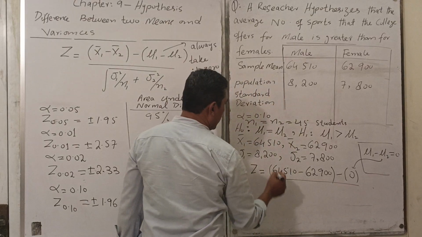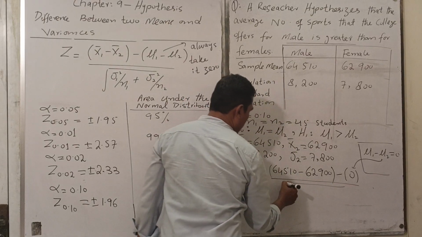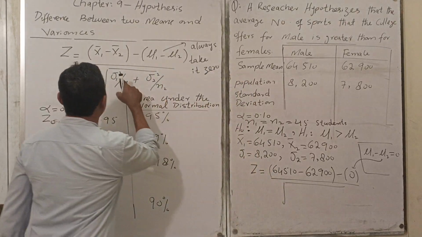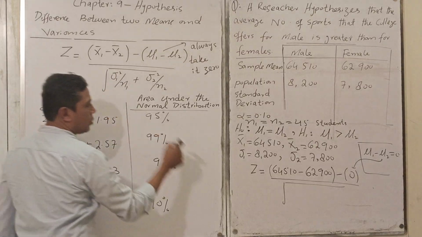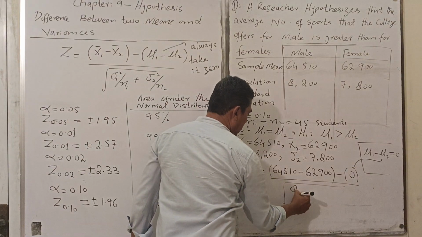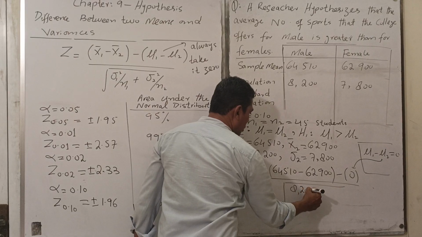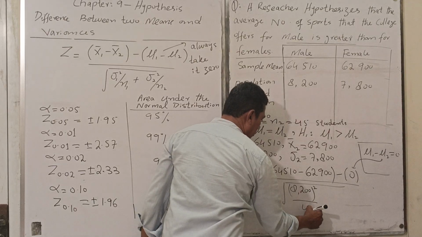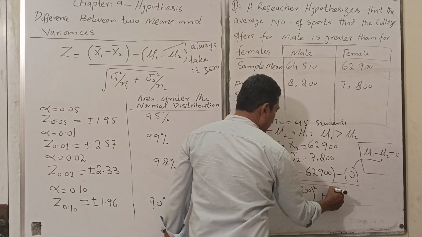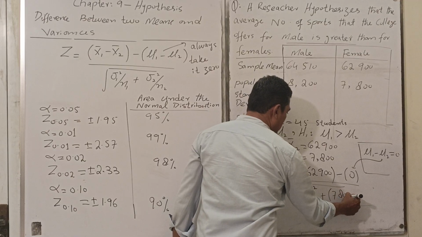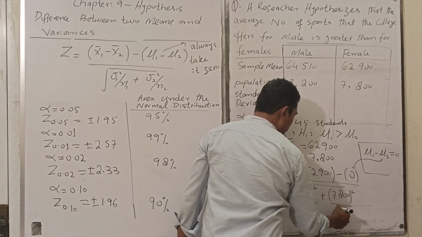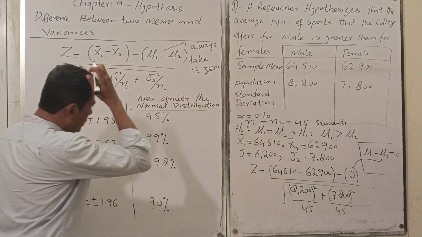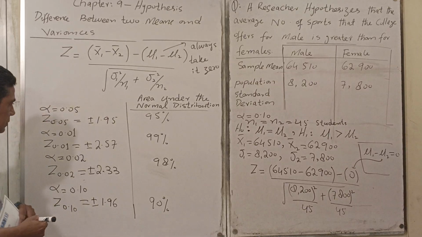Divide this value by the square root of sigma squared terms. So now here 8,200 squared divided by 45 plus 7,800 squared divided by 45. Now calculate this value.